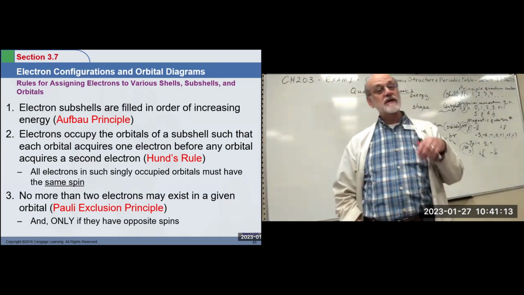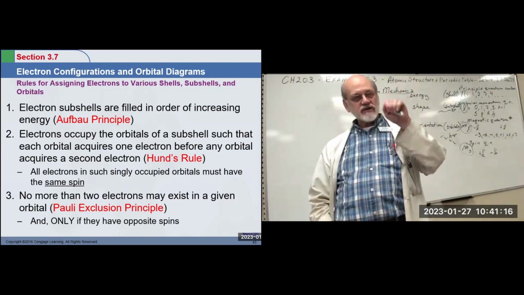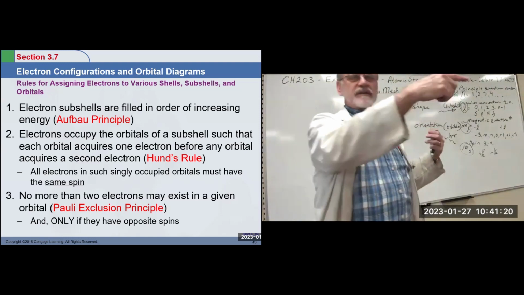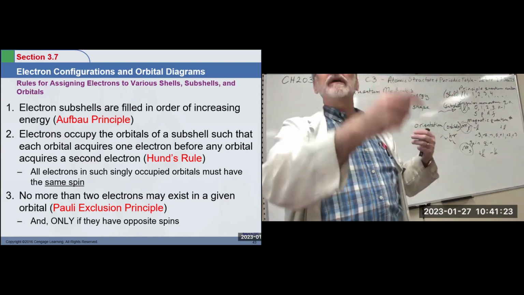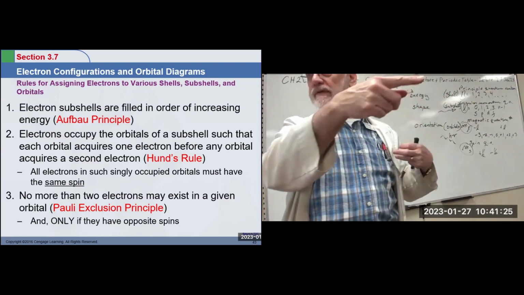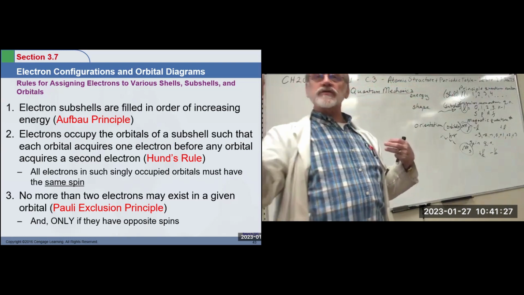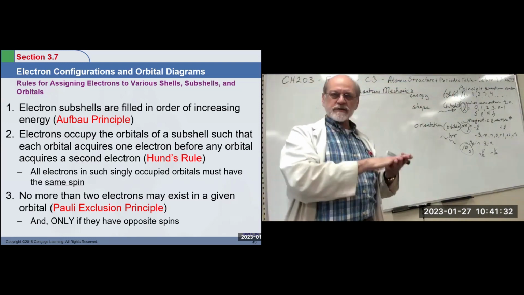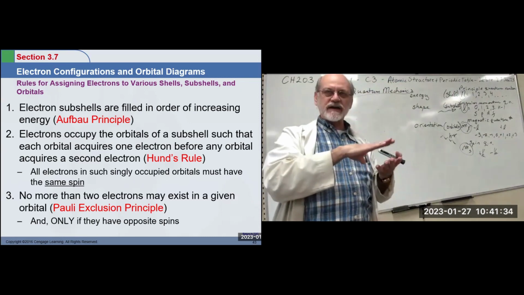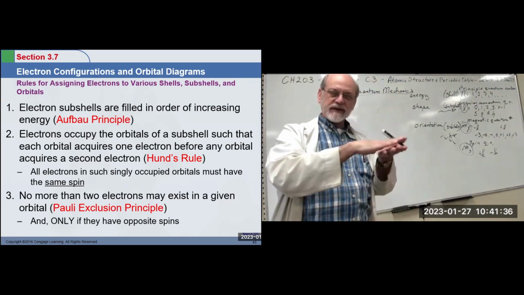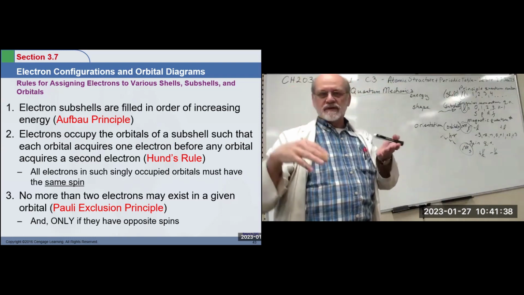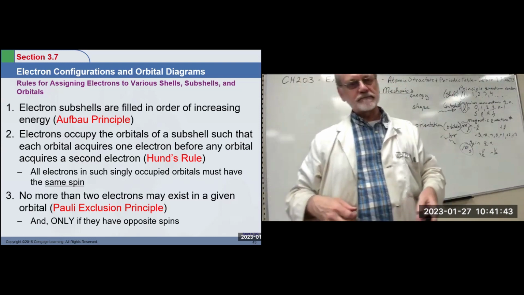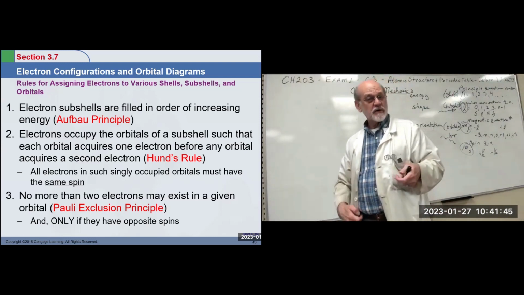And this way means as you add electrons, as you're moving through the periodic table, one proton at a time, adding one electron at a time along with it, the electrons go into the next highest energy level. You go from lowest to highest until you've satisfied conditions for filling that orbital, and then you keep moving up. That's all that means. You start from lowest, go to highest. The second one, Hund's rule.